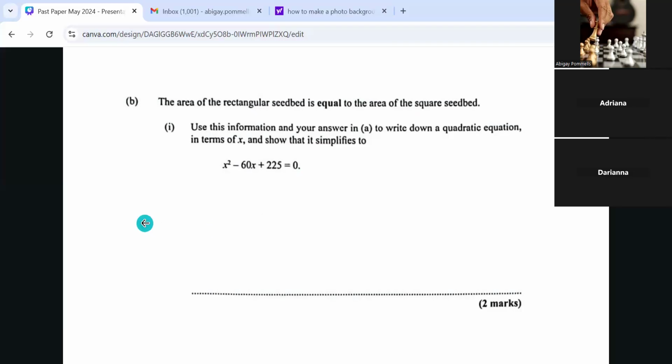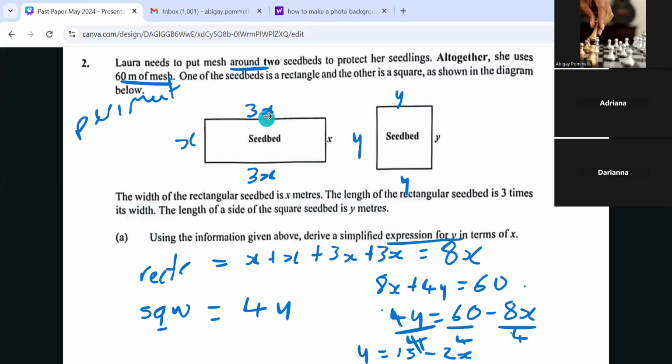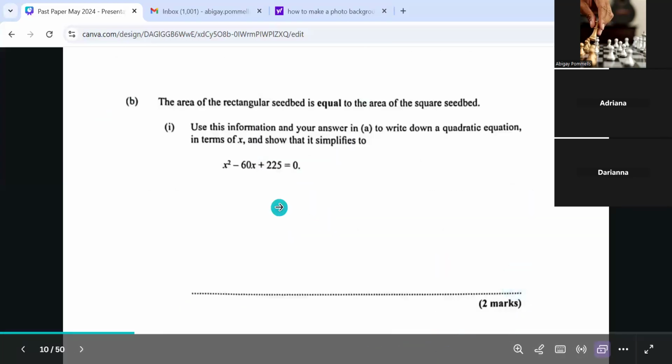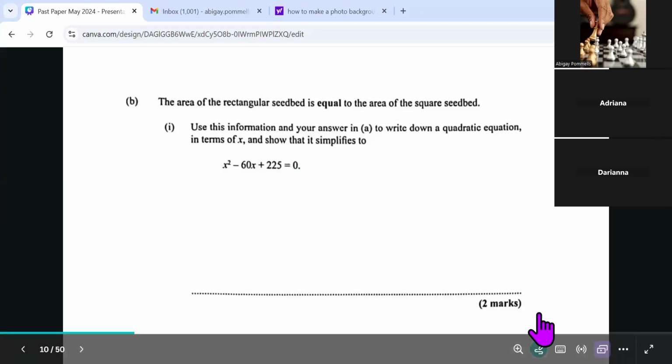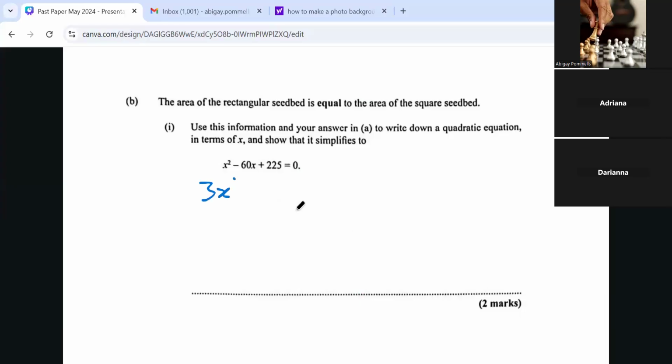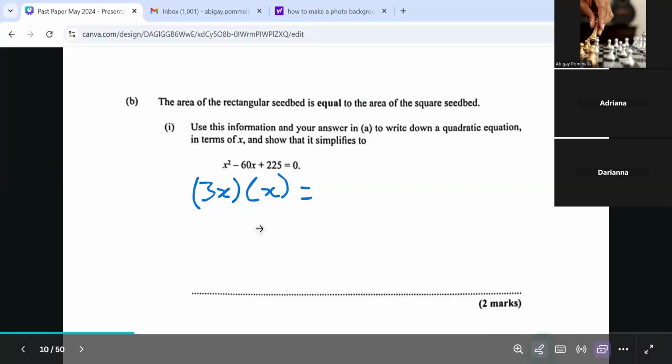Go back and see how my rectangle looks. The rectangle says 3x and x. So we know the area of a rectangle is length times width. So it's going to be 3x times x, and you say that is equal to the area of the square.